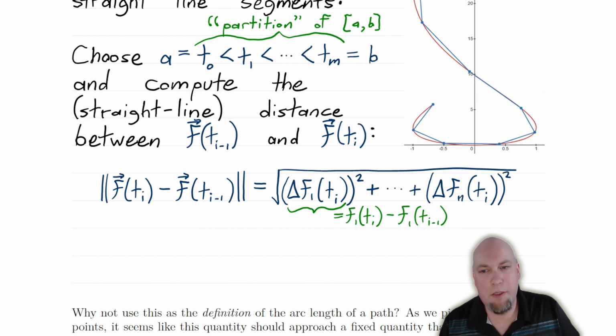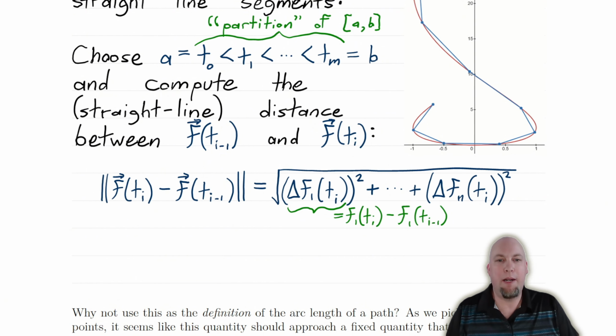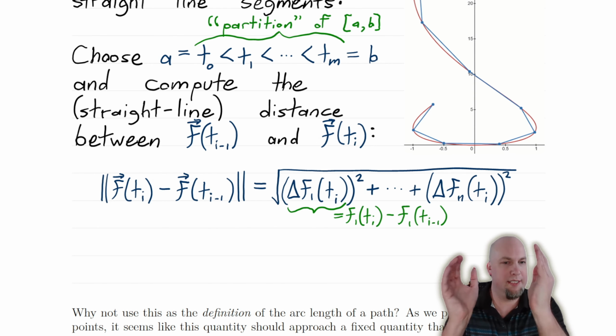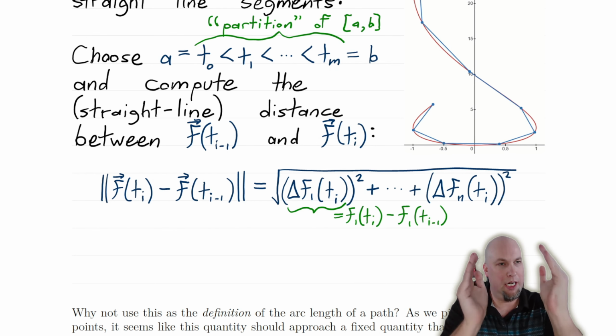What is the first entry of this vector? We're going to call it delta f_1 of t_i. All that means is the first coordinate function of f with t_i plugged in, minus the first coordinate function of f with t_{i-1} plugged in. In other words, it's the difference of the first coordinates on that ith subinterval.